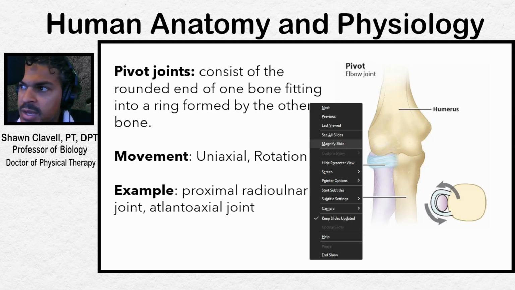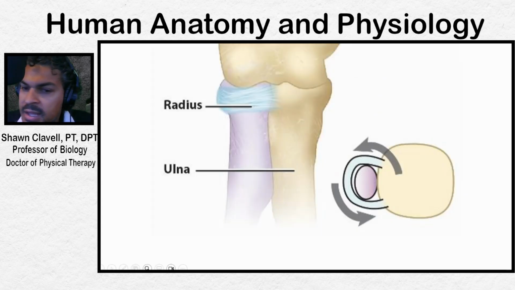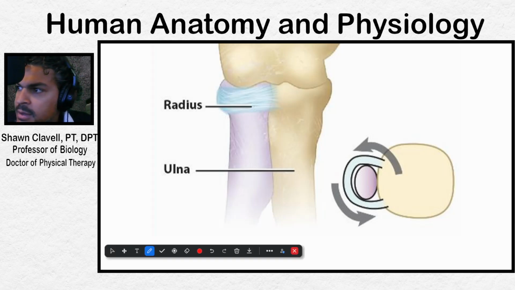One example is the proximal radioulnar joint. The axis here is in the middle of the radius, and the radius spins in the socket and allows for palm up, palm down, pronation and supination motions.